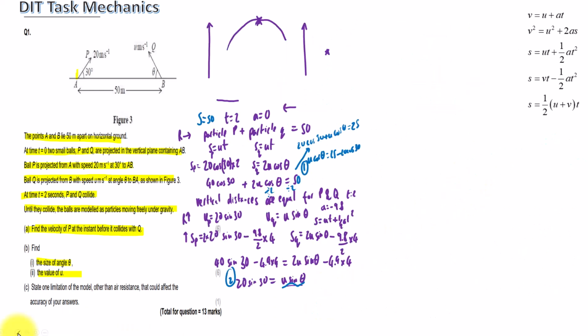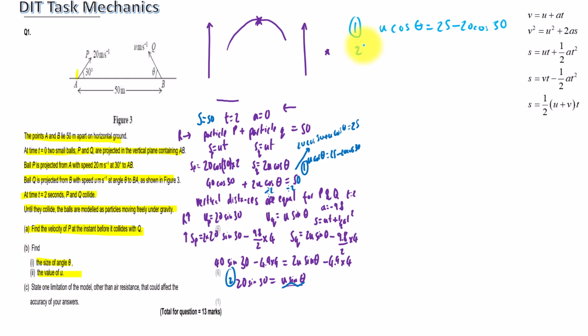So I'm going to make this nice and clear. I'm going to rewrite our equation 1 as u cos theta equals 25 minus 20 cos 30.